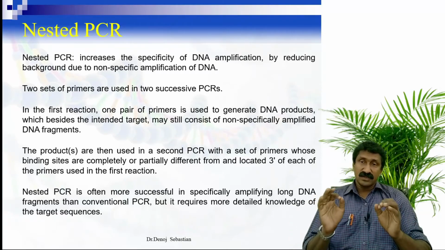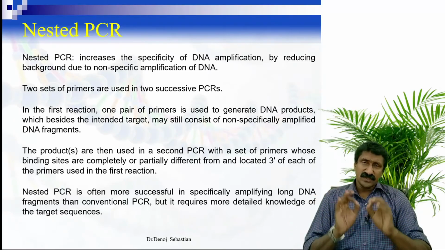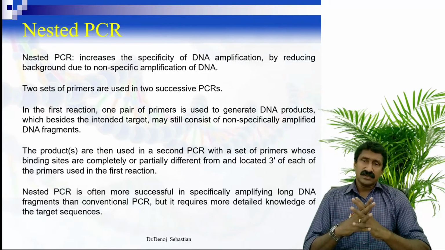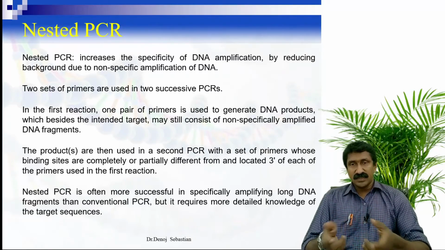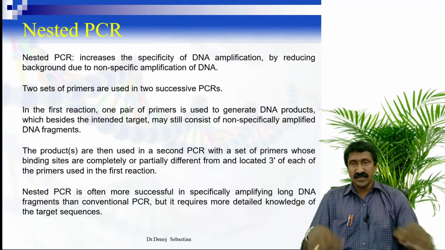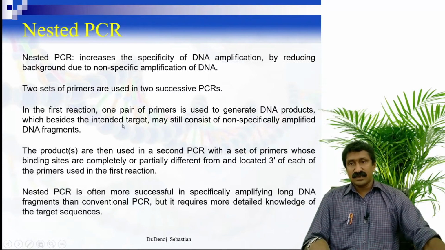So after the amplification with the first primer, you will have PCR products, but with some amount of non-specific amplification products. Then you use the second set of primers, which will work in the inside region, and that results in the production of more specific bands in the PCR reaction.